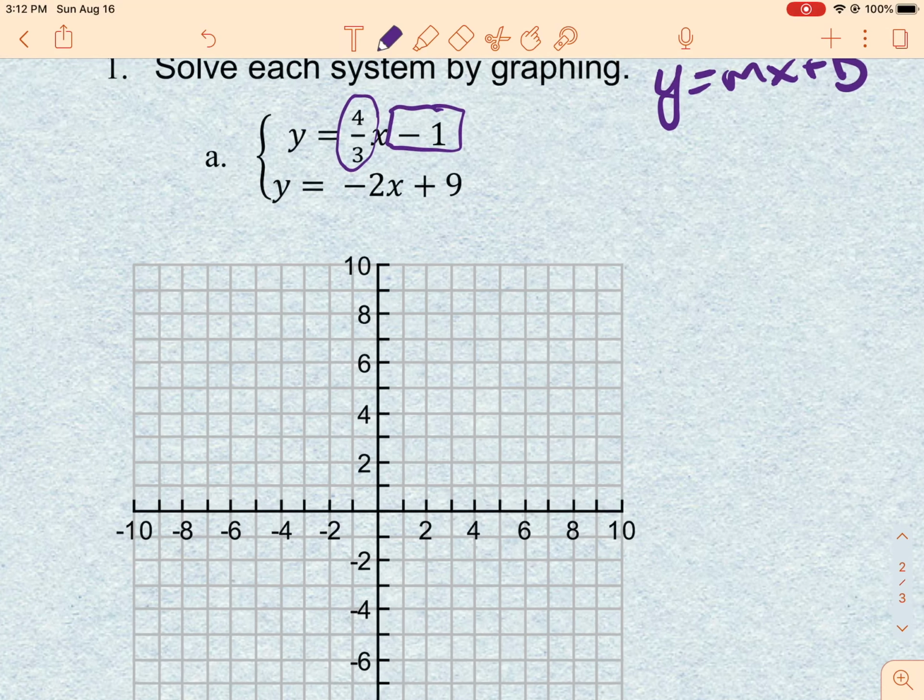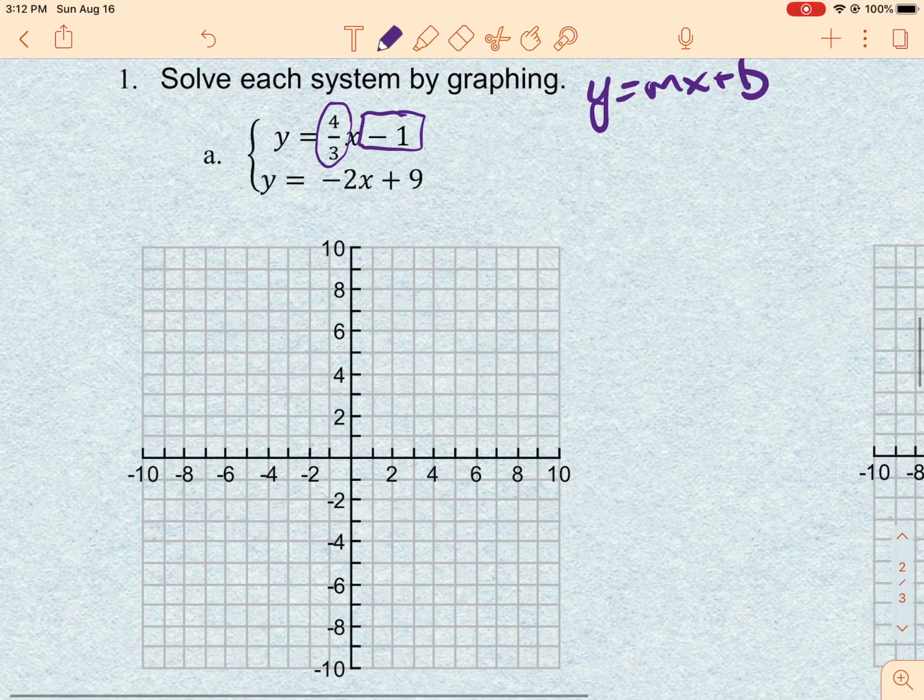So to graph this first one, you go to where 0, -1 is, and then it has a slope of 4/3, which is rise 4 and to the right 3. So up 1, 2, 3, 4, over 1, 2, 3. Do it again, 1, 2, 3, 4, over 1, 2, 3, and that pattern would continue.